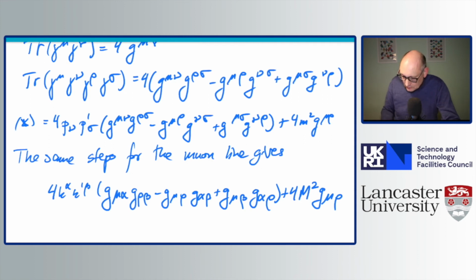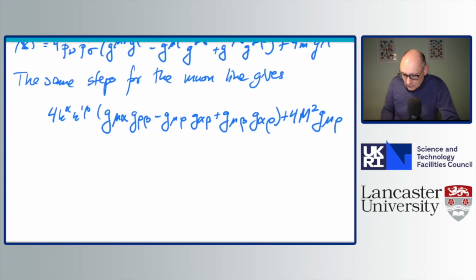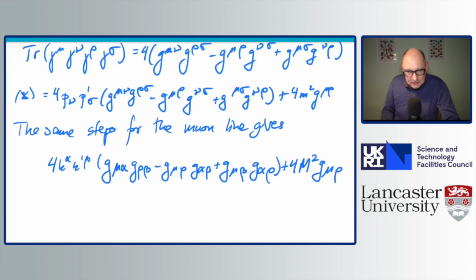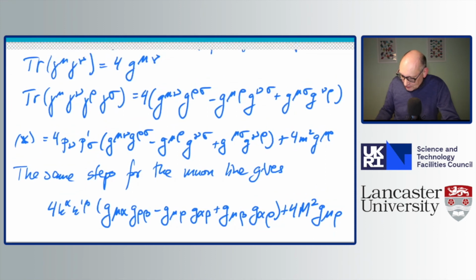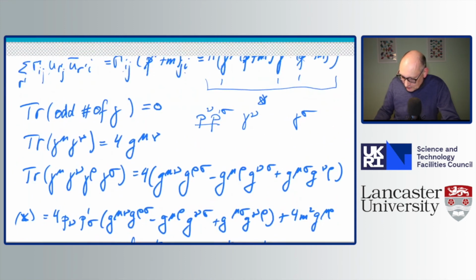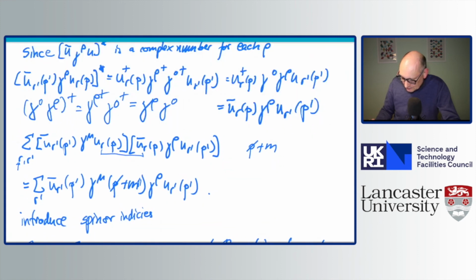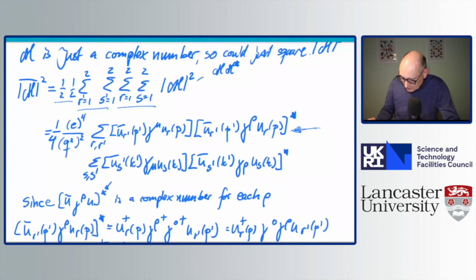Now, if we substitute that into the equation for the matrix element squared, see how far up that went. Oh, that's here. Right, so we've now worked on the electron line and the muon line separately.